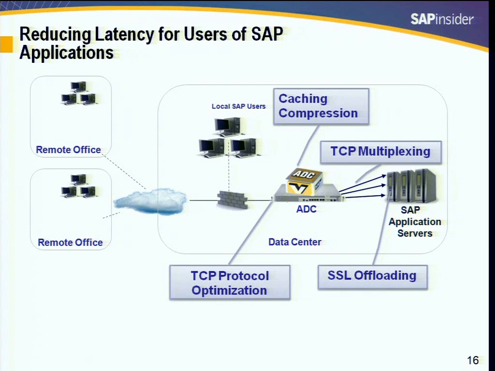The traffic between the ADC and the SAP instance within that particular data center is in the clear, so you're not incurring the overhead of this compute operation, and you're reusing that on the ADC. So that's one of the ways of offloading technical processing from SAP, and leaving those SAP instances for business processing. Many of these ADCs also have specialized chips for SSL processing, so they do it much faster.